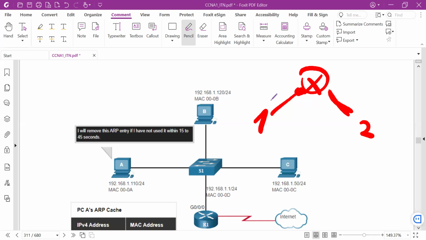And let's say PC C is the IP address with the corresponding MAC address. Where I read it says the destination is a multicast address. It first sends as a multicast. Why multicast?